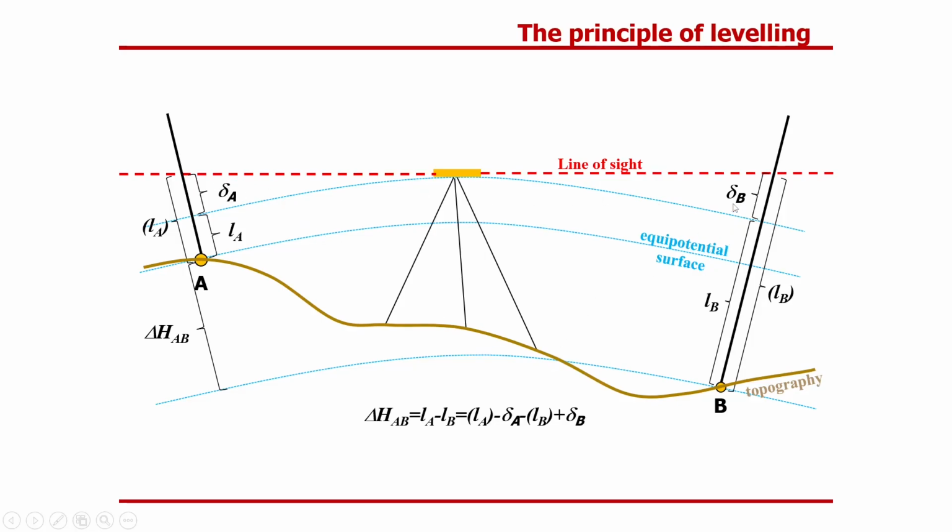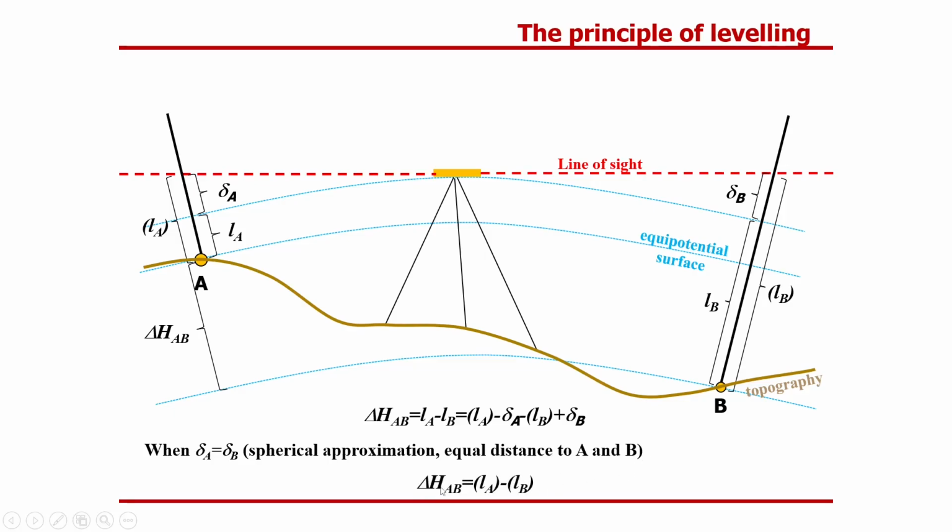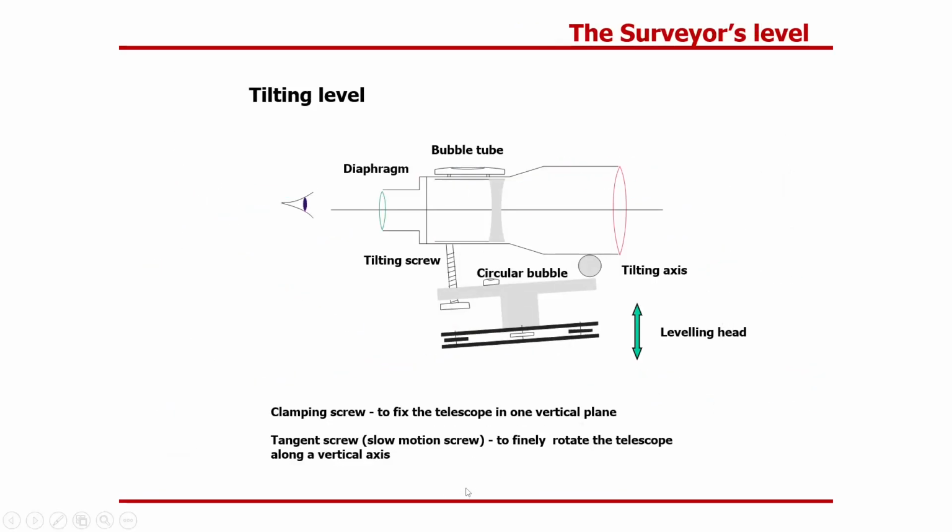The delta A and the delta B, with plus and minus, disappear in this formula, and so we can use the simple formula. This is a spherical approximation with equal distance to A and B. So the difference of heights is as follows.